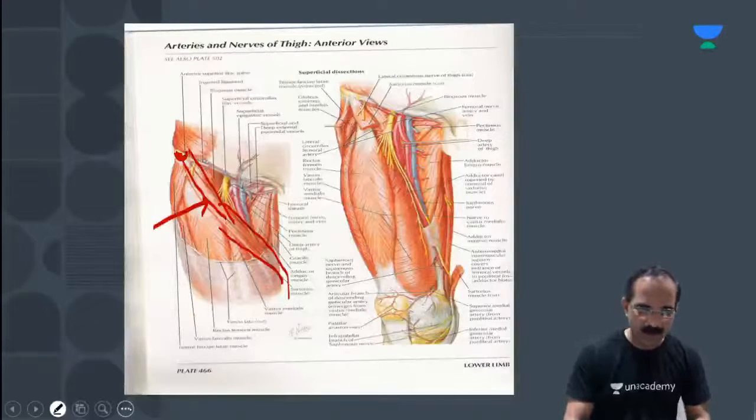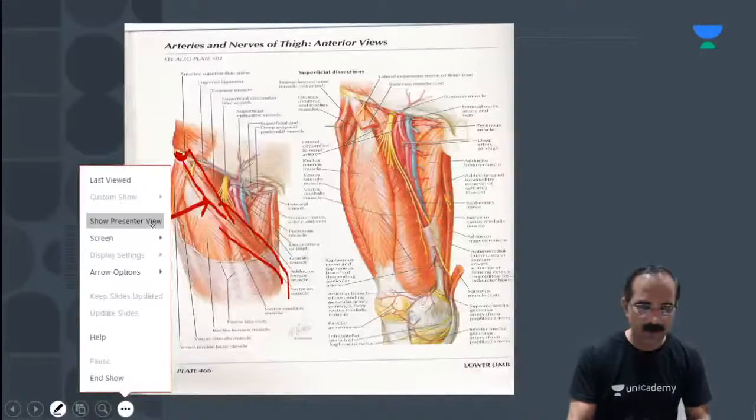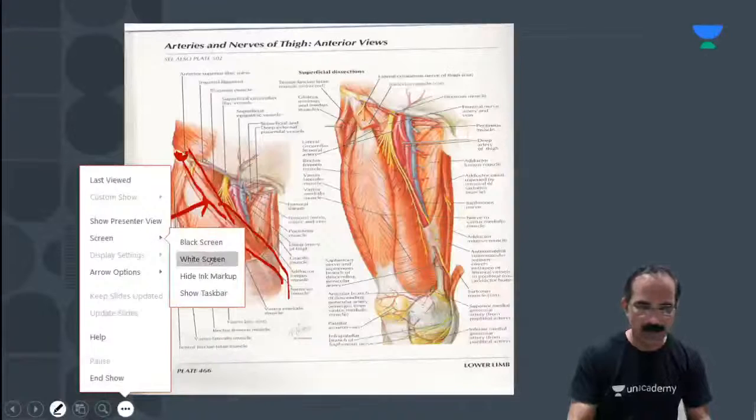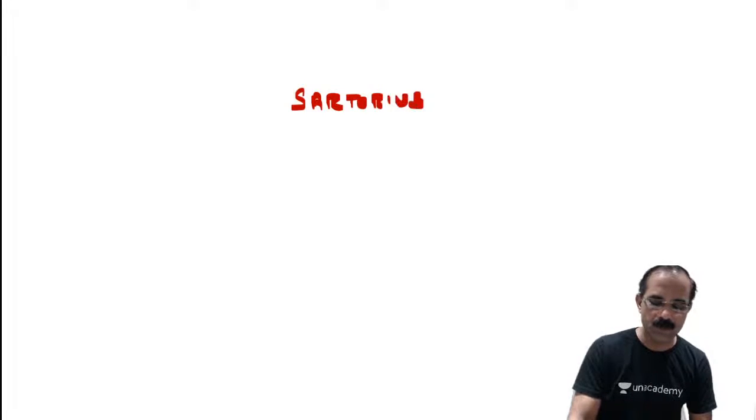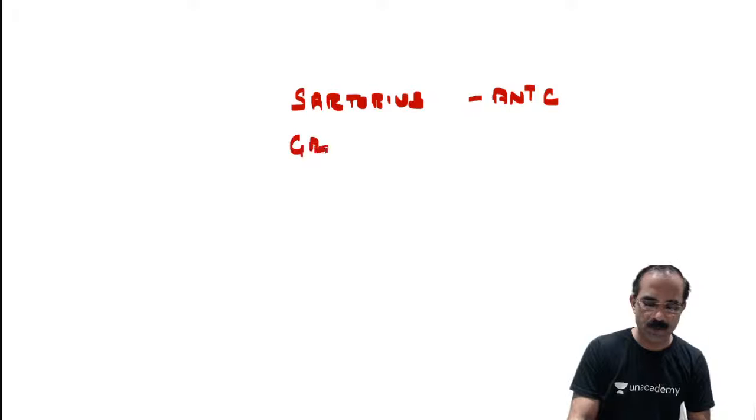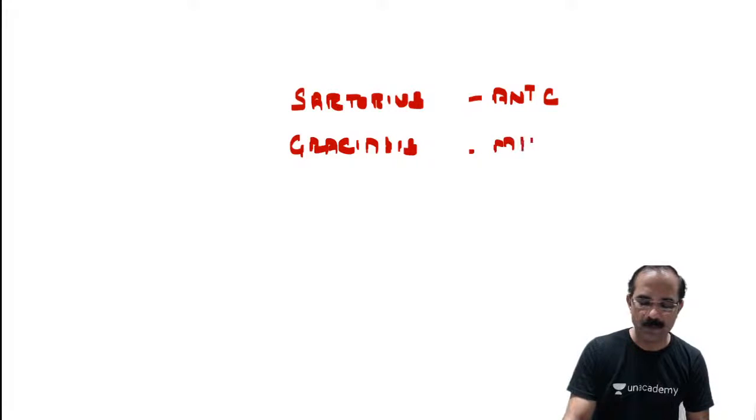There are three muscles inserted on the medial aspect of the shaft of tibia. Which are those three muscles? One is the sartorius, from the anterior compartment. The gracilis, from the medial compartment.